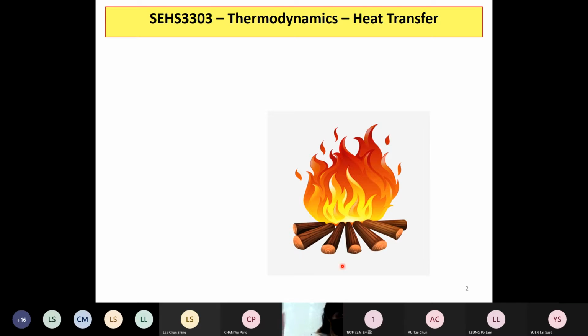Here, I give you a situation. We may have some firewood. We'd like to use this firewood to burn a fire for us. If you use your hands to touch the firewood at this end, you will feel it warm, right?